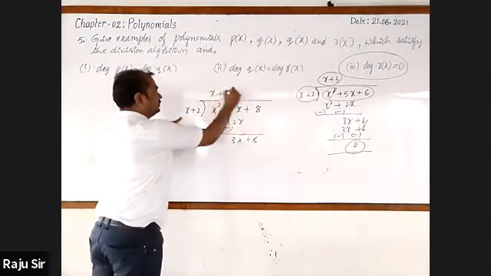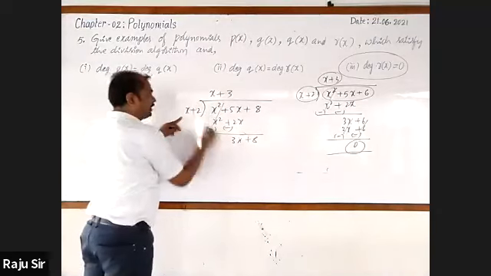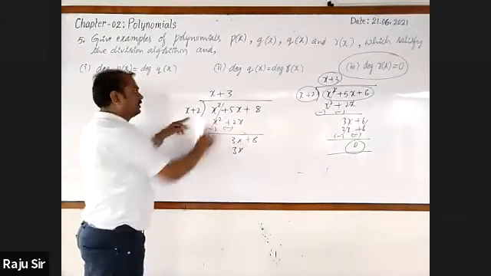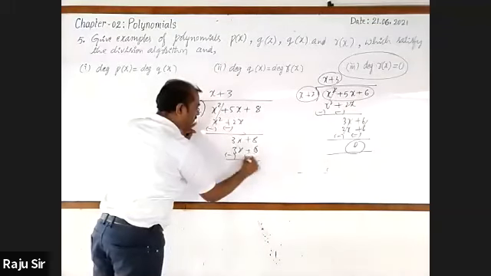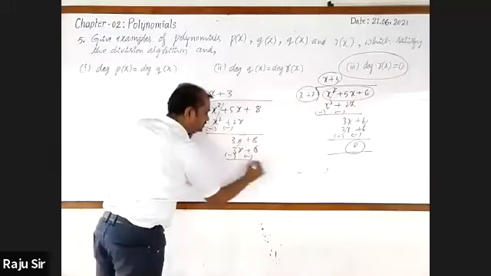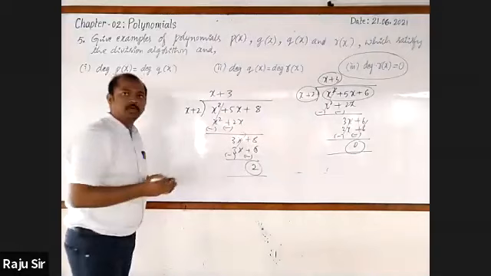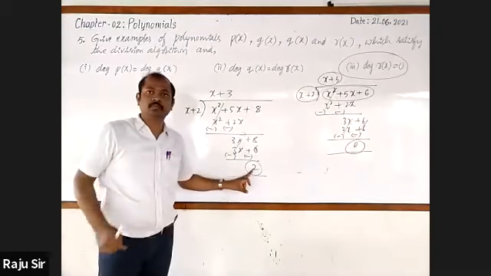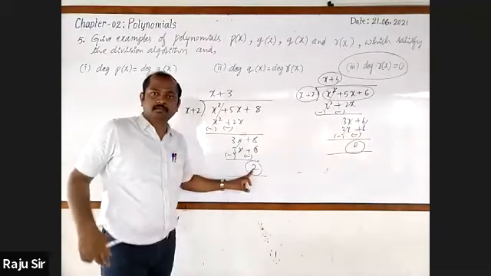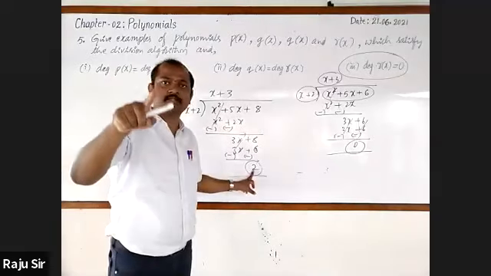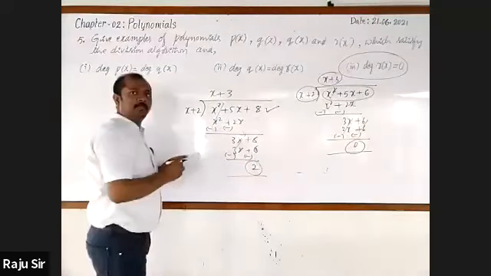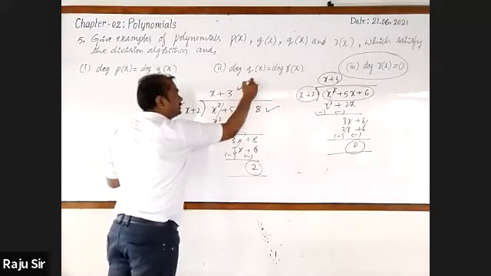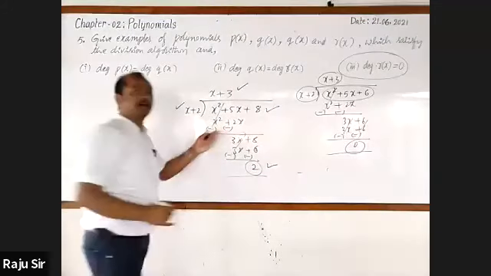Then multiply by 3, 3 into x, 3x. 3 into 2, 6. Change the sign, minus, minus, get cancelled. 8 minus 6 is 2. Remainder is 2. What is the degree of this constant polynomial? Again, it is 0. So this is one polynomial, p of x, this is g of x, it is q of x and this is r of x.